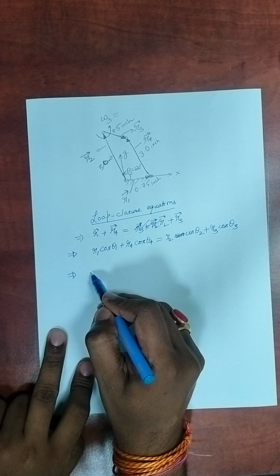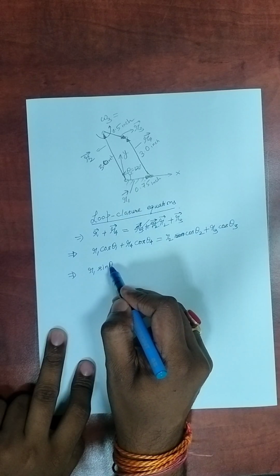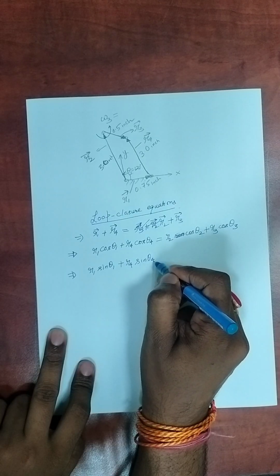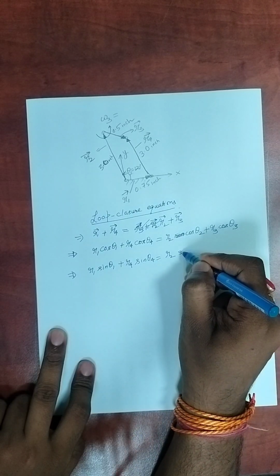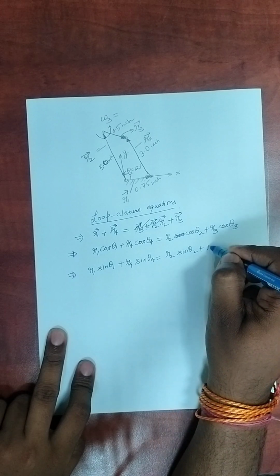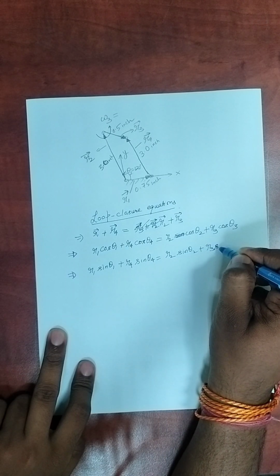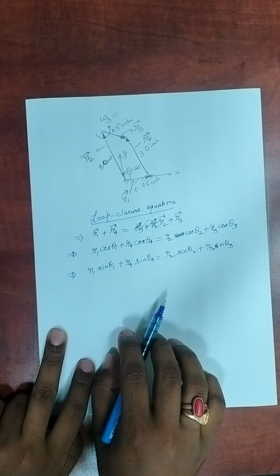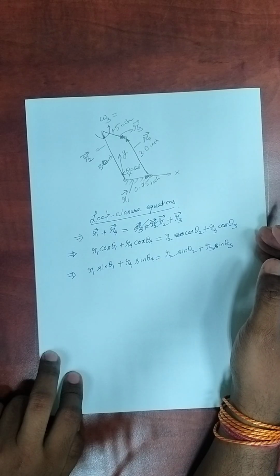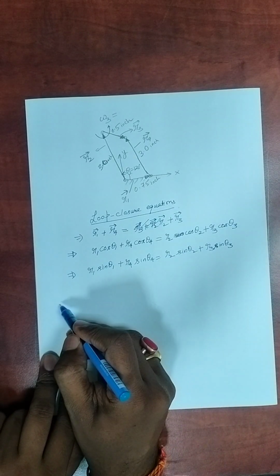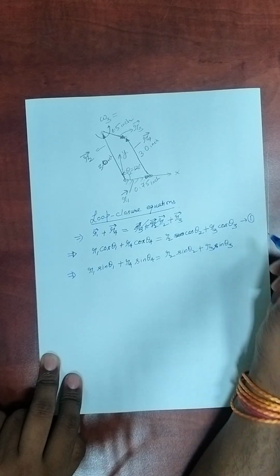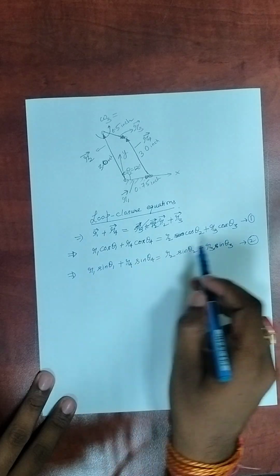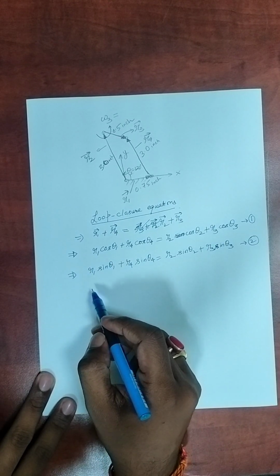Similarly, along y, r1 sin theta 1 plus r4 sin theta 4 is equal to r2 sin theta 2 plus r3 sin theta 3. Since I have to do velocity analysis, let us number these equations 1 and 2. For velocity analysis, if I take the derivative of these two equations, I will get the velocity equations.